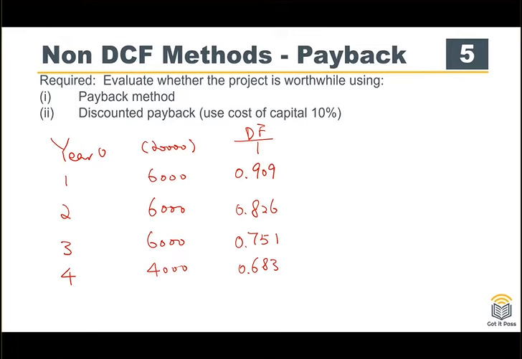So in the fifth year it's 3,000 plus 8,000, which is the working capital turning back to cash. So 11,000 in the fifth year, and the factor is 0.621.